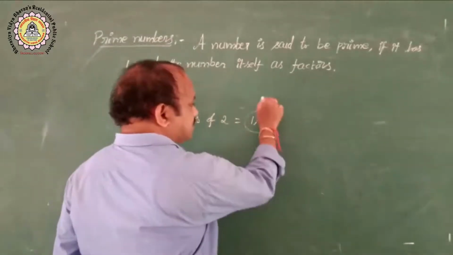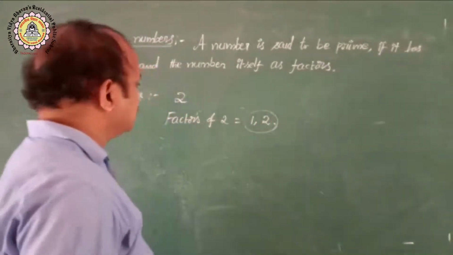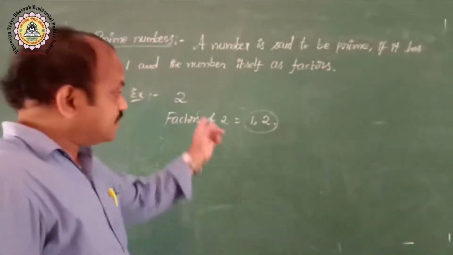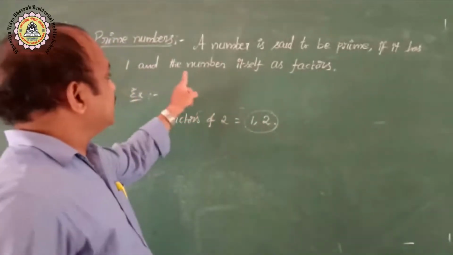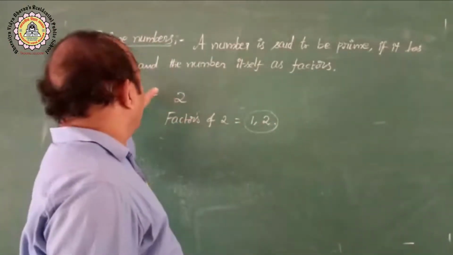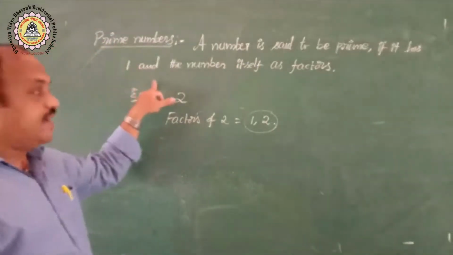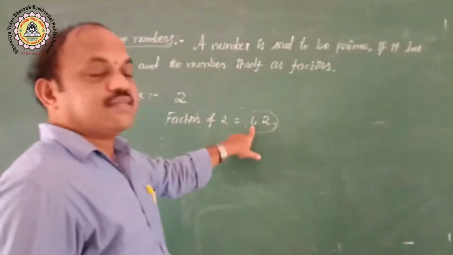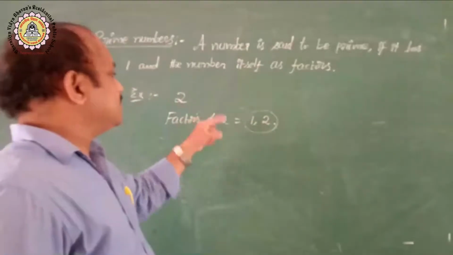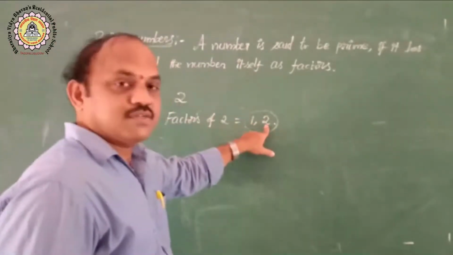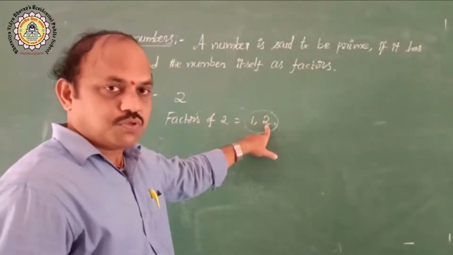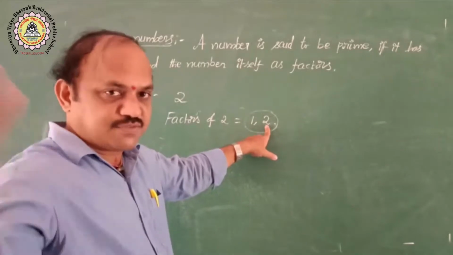Here, try to observe how many factors we wrote. Only 2 factors. These are 2 factors, that are 1 and the number itself, 2. 2 means 2. 3 means 3. 5 means 5, like that.